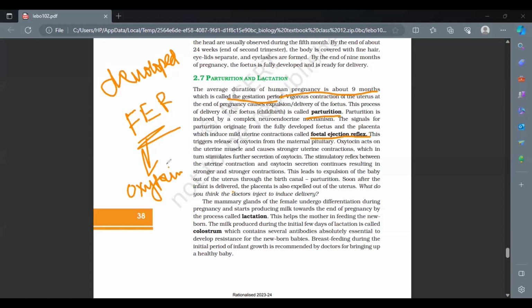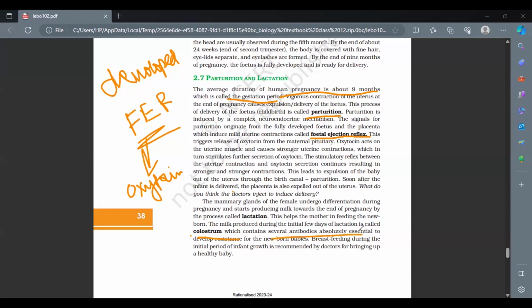Obviously, when all these processes are happening, the mother also needs to feed the baby. So toward the end of the pregnancy, the mammary glands become differentiated and lead to the process of lactation. The first milk produced in the initial few days after the birth of the baby is called the colostrum. This is very important for the baby because colostrum has a good number of antibodies in it.